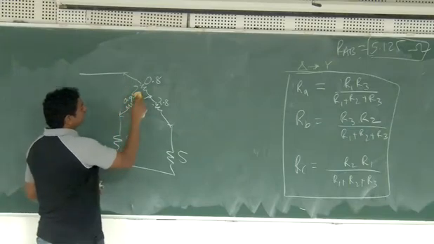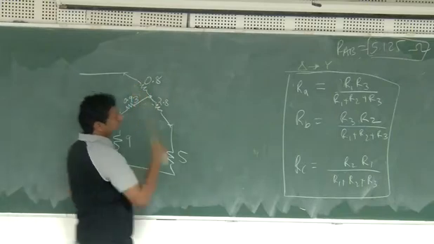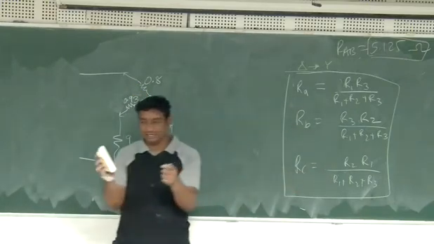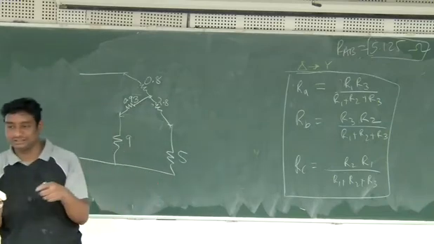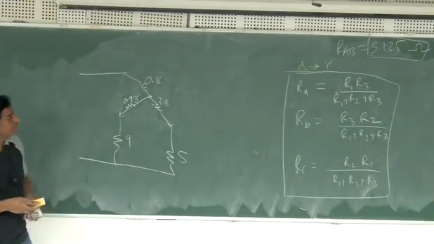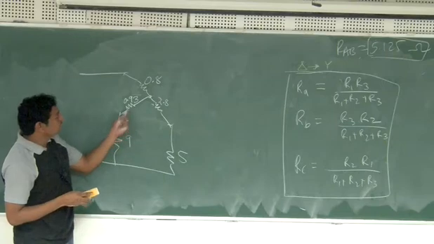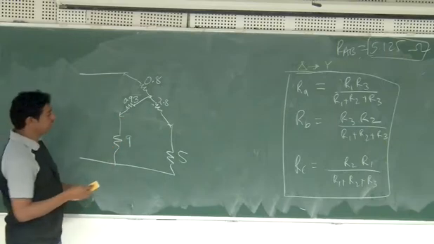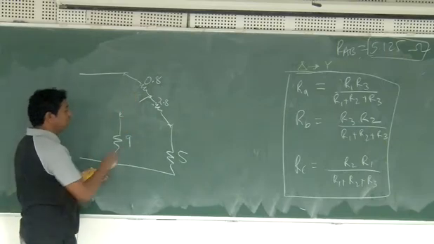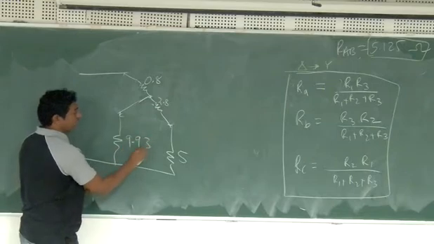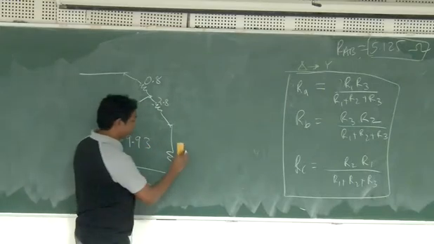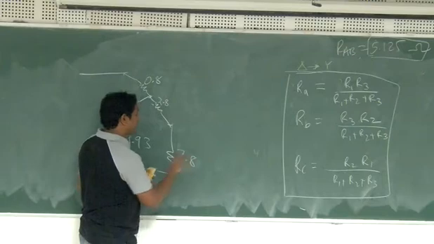So why is this formula correct? This formula is correct because we are trying to get the same value of resistance measured across any 2 points. So 9 plus 0.93, 9.93. 5 plus 2.8, 7.8.